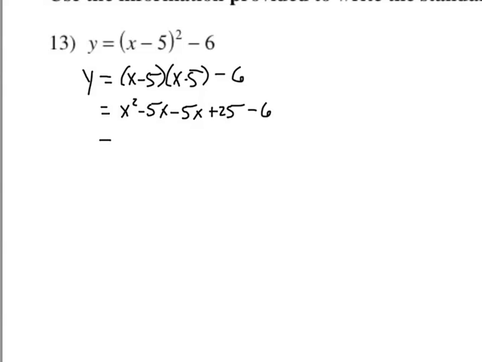Minus 6. So all we have left to do is combine some like terms, and we'll have our standard form equation. Y equals x squared minus 10x plus 19. That's it. That's all there is to it.